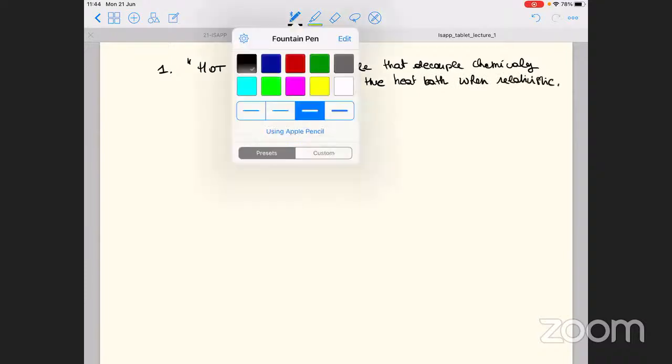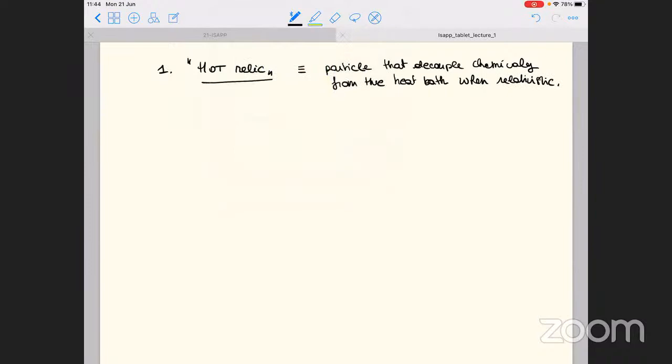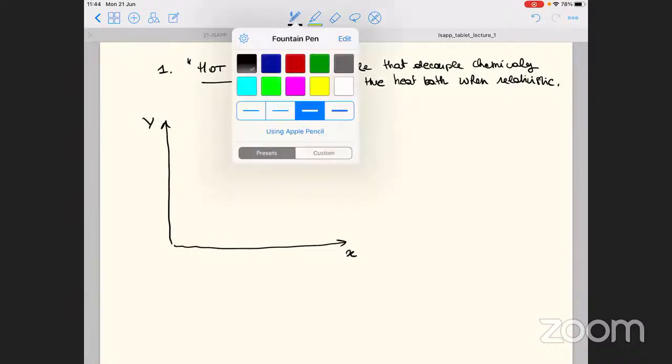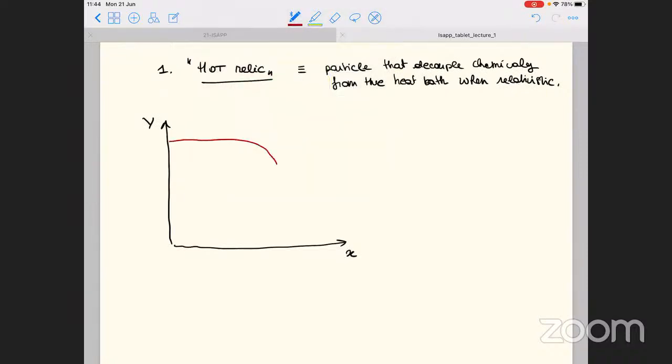Okay, so in this case, if I go back to the picture I had before, I have my co-moving number density as a function of time.